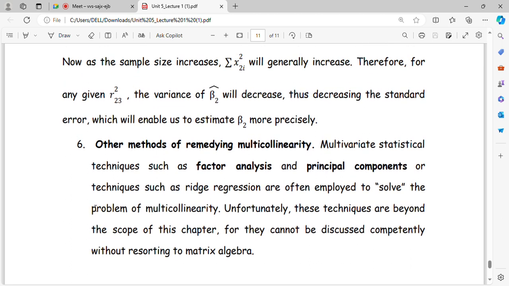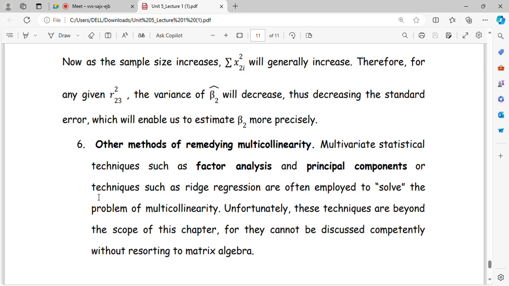Unfortunately, these techniques are beyond the scope of this chapter, for they cannot be discussed competently without resorting to matrix algebra. If we do this using matrix algebra, then we can easily do the factor analysis and principal component. But this is not required in the undergraduate part.